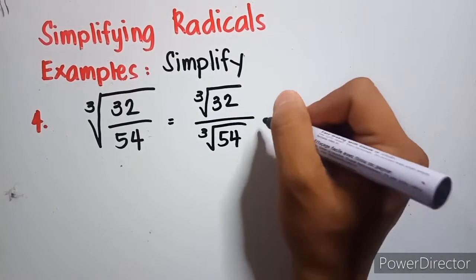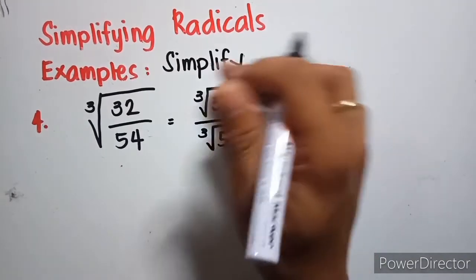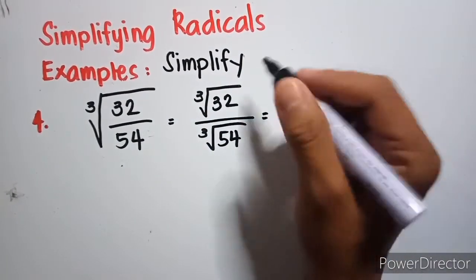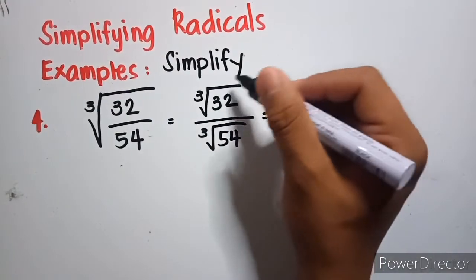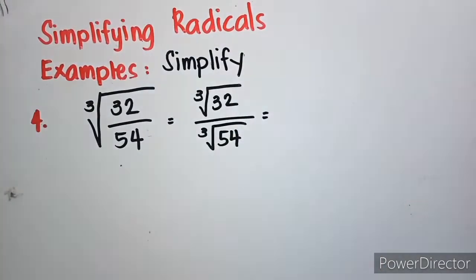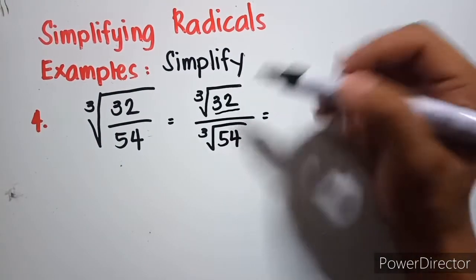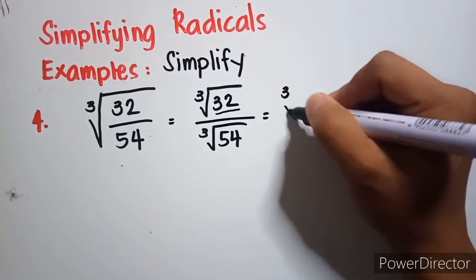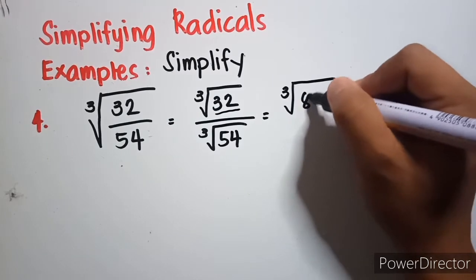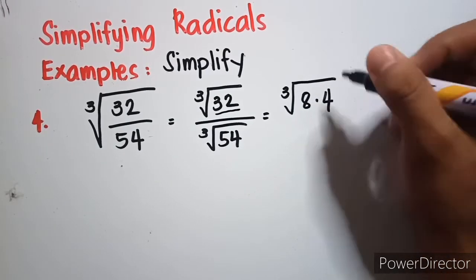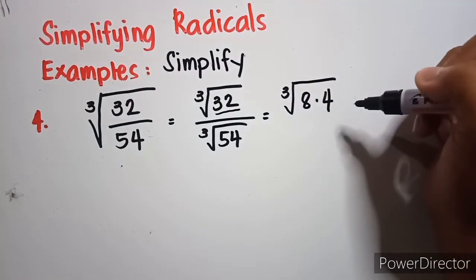So, ngayon, isisimplify muna natin to bago tayo mag-rationalization. Hahanap tayo ng factors ng 32 na mayroong cube number. So, yung 32 ay equal siya sa cube root ng 8 times 4. So, 8 times 4 is 32.